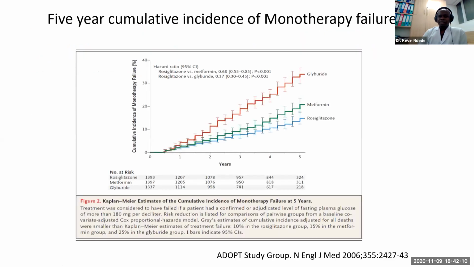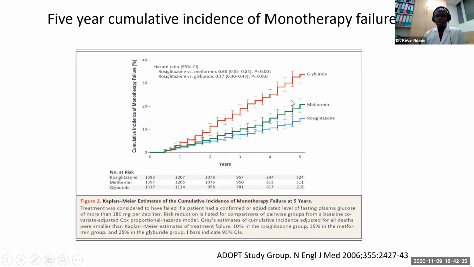Now, there's this study that was done to look at the progressive nature of type 2 diabetes, even among individuals who are initiated on treatment. So these were all patients who were initiated on monotherapy with either rosiglitazone, which is out of clinical use currently, metformin, or glyburide.